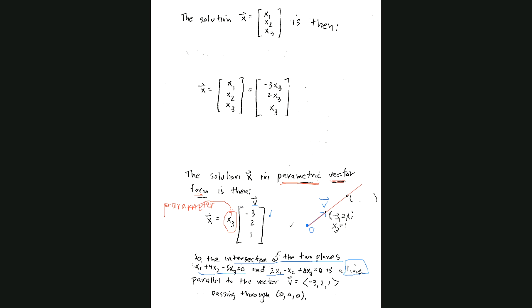It's going to be -6, 4, 2, because this point is basically the vector v doubled.